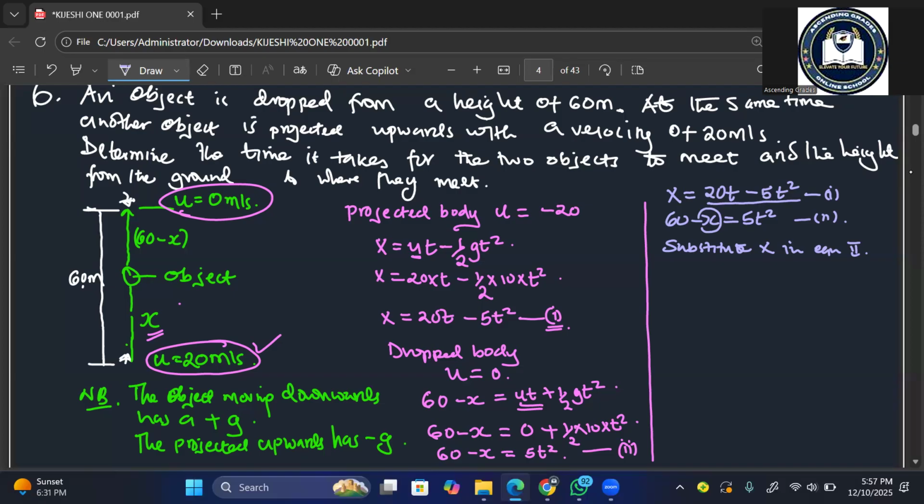So it will be 60 minus 20t minus 5t squared is equal to 5t squared.